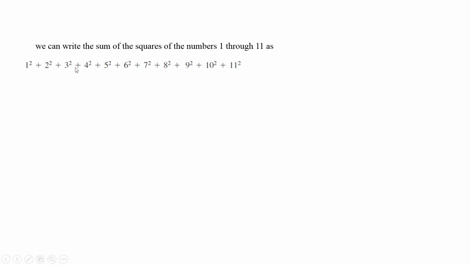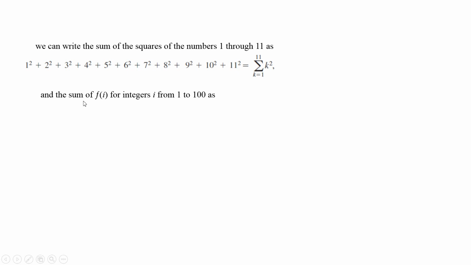The third term is 3 square, the fourth term is 4 square, and so on. The kth term is k square. So we can write it as sigma k square, where k varies from 1 to 11, right? So the starting point of the index is 1, and the ending point of the index is 11.